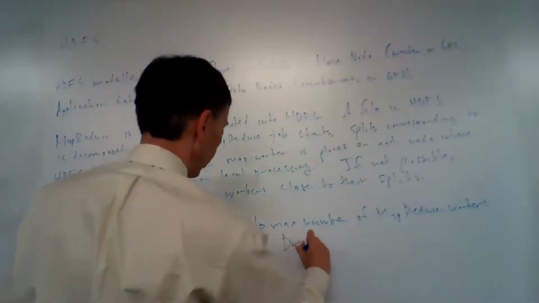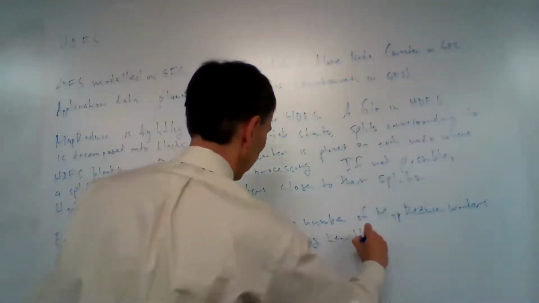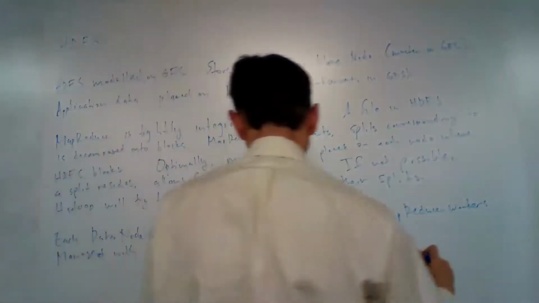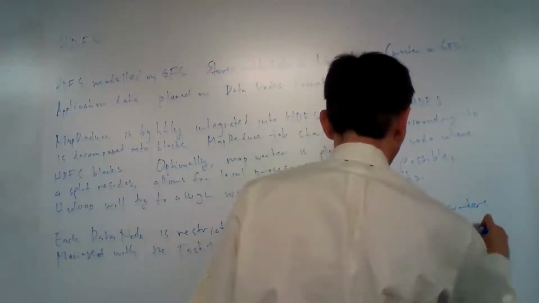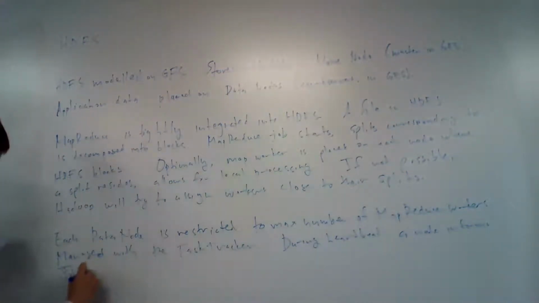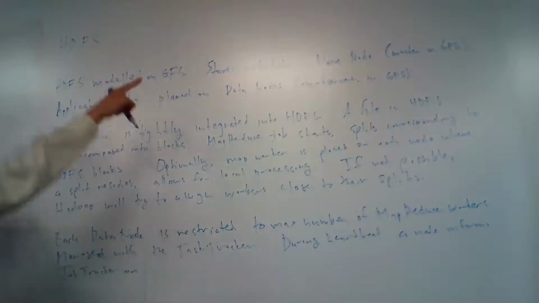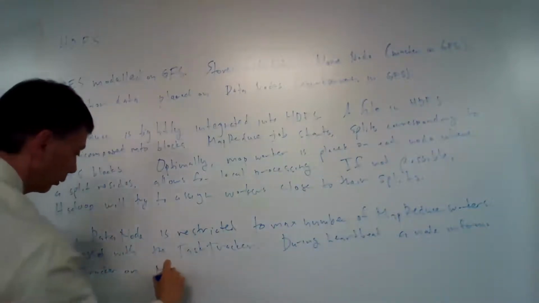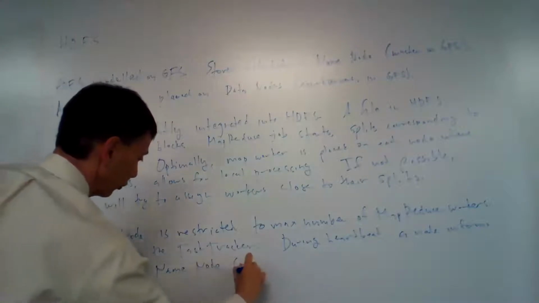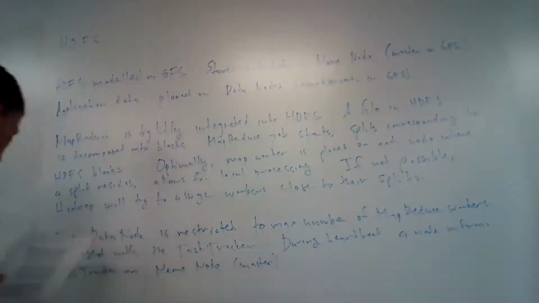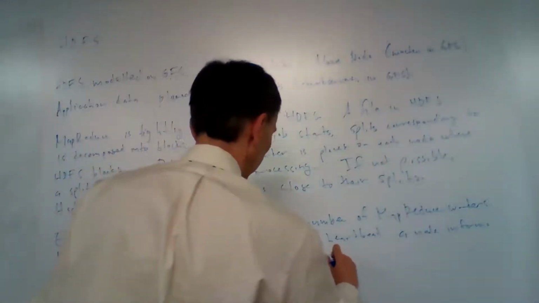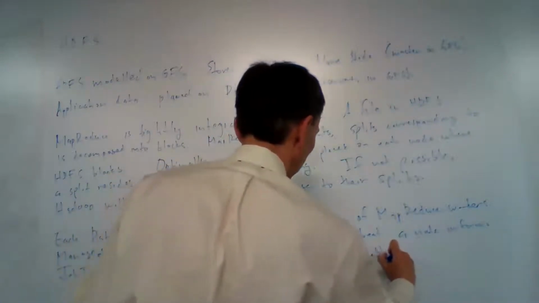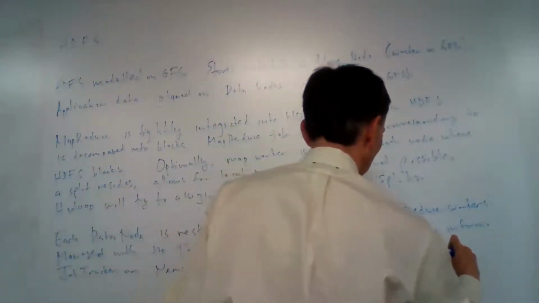So during a heartbeat, a node informs the job tracker on the main node, that's the master, of any available MapReduce slots.